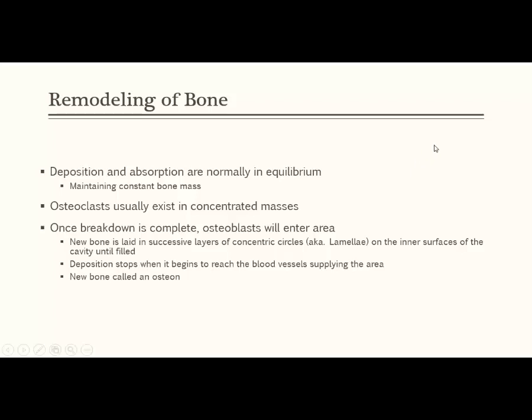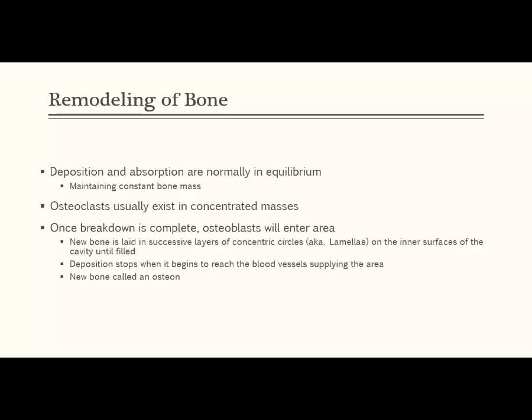Under normal circumstances, the deposition of new bone and the absorption of old bone are in equilibrium, and we have a constant bone mass. The osteoclasts come in masses to areas that need breakdown. Once the breakdown is complete, the osteoblasts enter and lay down new bone in lamellae and concentric circles in the cavity until it's filled.